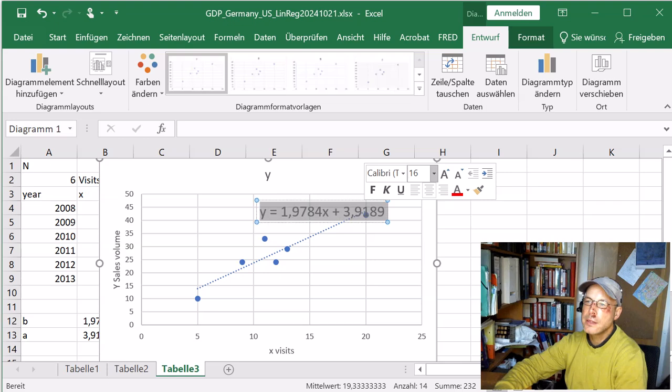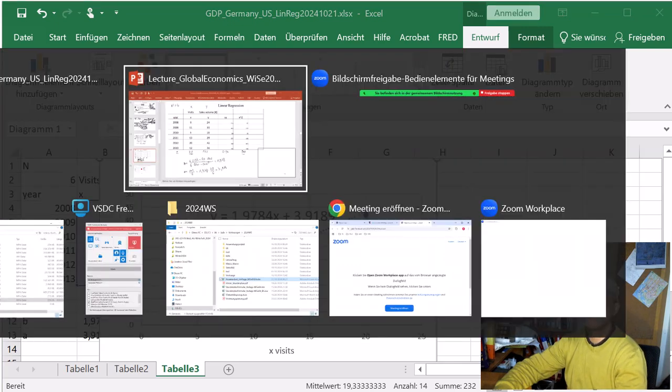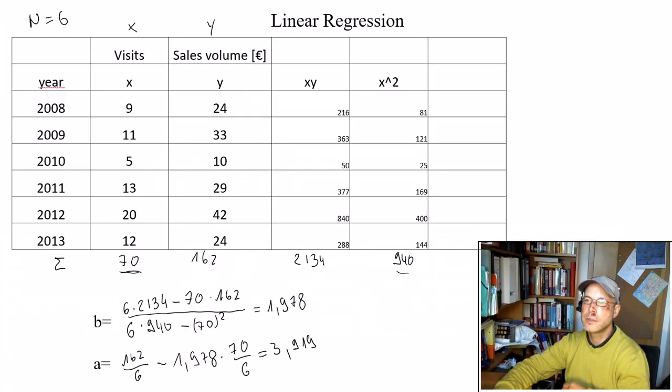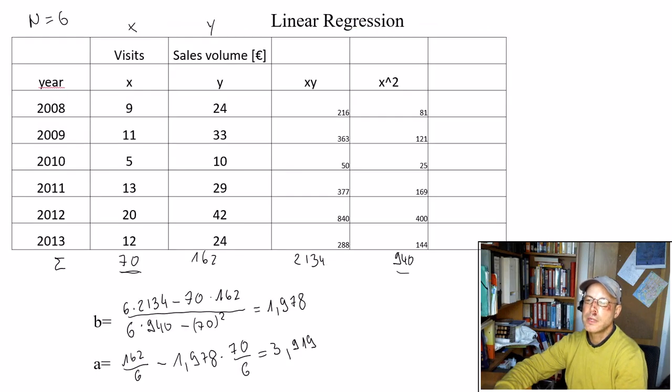Take 16, and here we have also our 1.98 plus 3.92. So these are the different possibilities to get out these calculations.